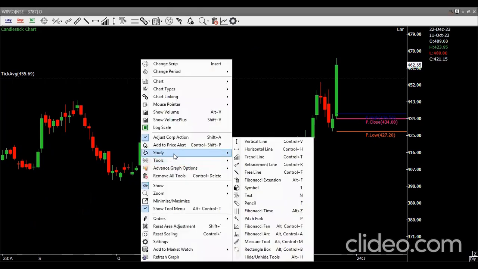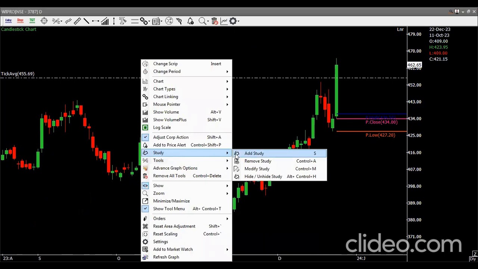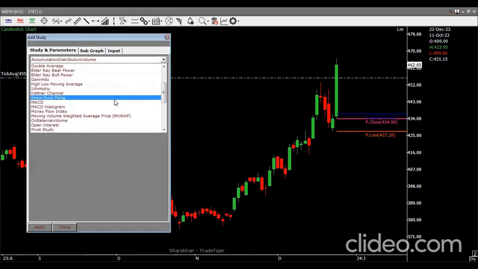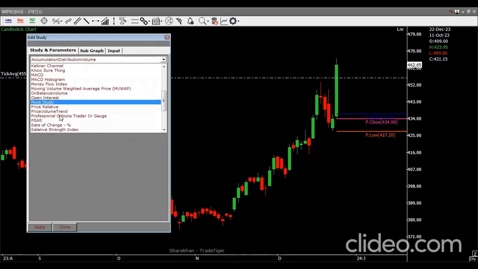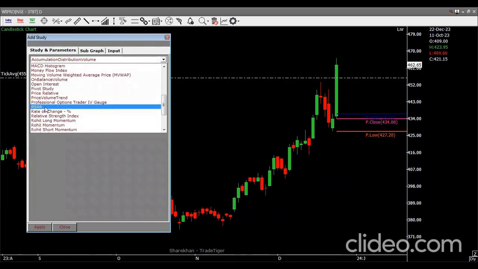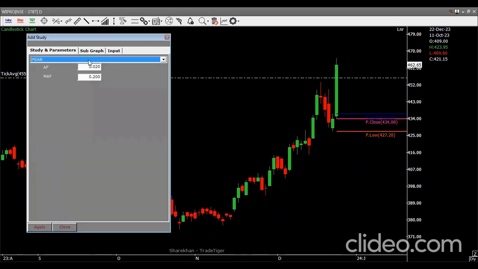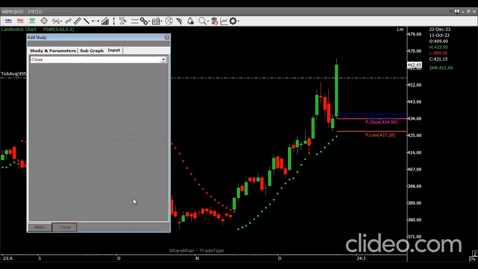So you have to go to study. Add study. Here you have to select parabolic SAR, or you can call it PSAR. So this is parabolic SAR. This is the color. Let me put a bigger size and everything, and let me apply this.